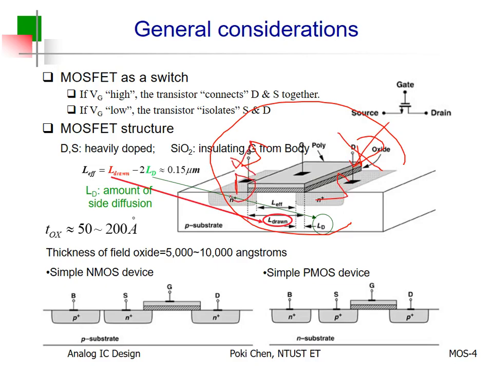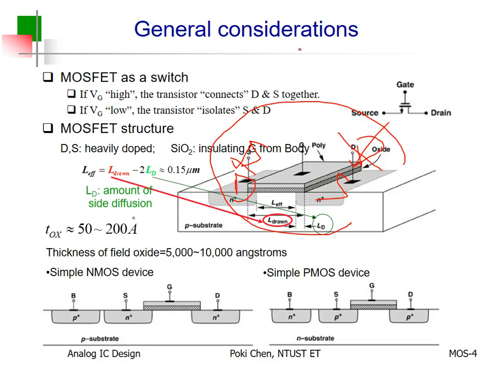I don't care. Since they are swappable, it will help you simplify your layout. But the other warning is that for high voltage devices, forget about it. The source and drain are totally different in structure, so you cannot swap them for high voltage ones. Only for regular MOSFETs, not for any kind of high voltage ones.